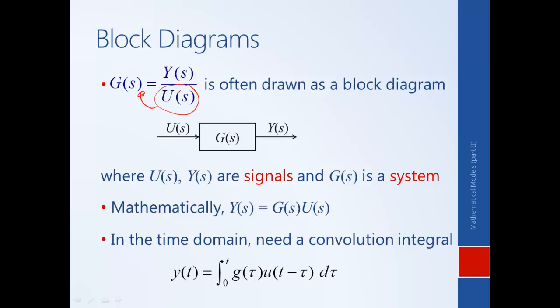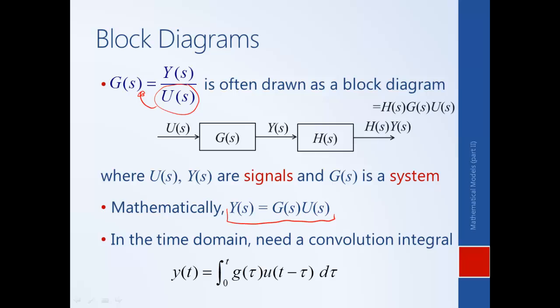Let's say, for example, we have two systems in series. For example, g of s could represent some power electronics, and h of s could represent an electric motor, or g of s could represent an IC engine, and h of s could represent the drive line, whatever. Recognizing that the output of h of s is going to be the input multiplying the transfer function, we can see that the output signal has that form, where we already knew that y of s had that form.